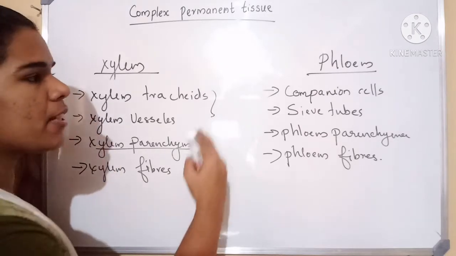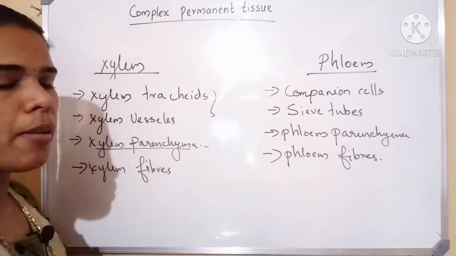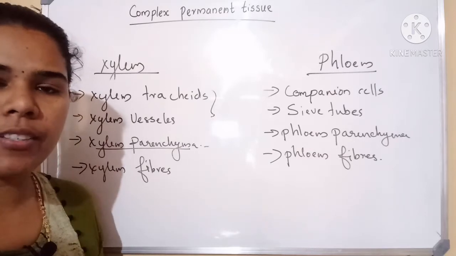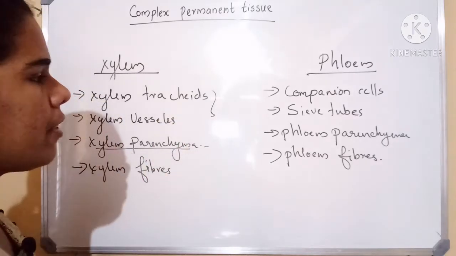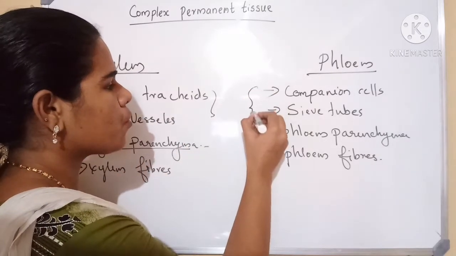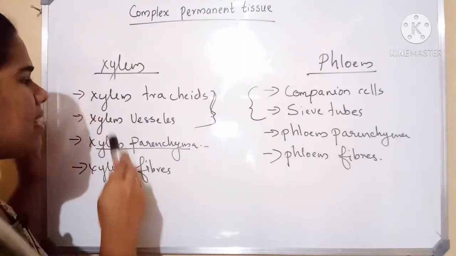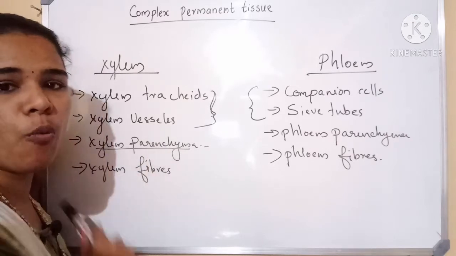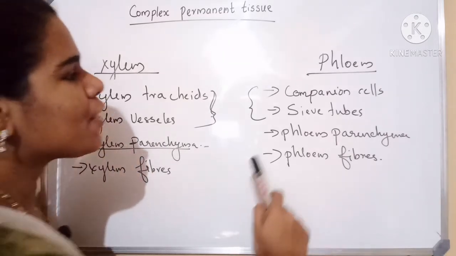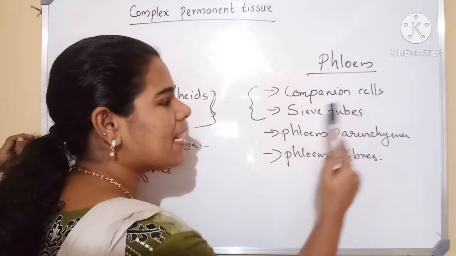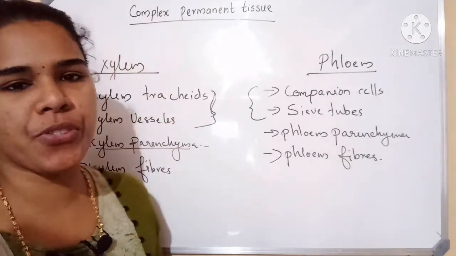So what's the difference between the xylem and phloem tissues? Xylem and phloem tissues are different because of these two. In the case of xylem, we can see xylem tracheids and xylem vessels. But in the case of phloem, we can see companion cells and sieve tubes.